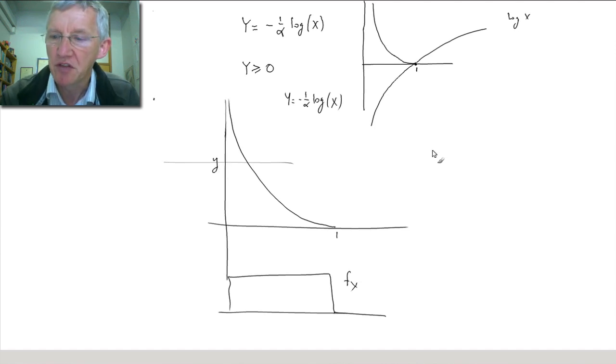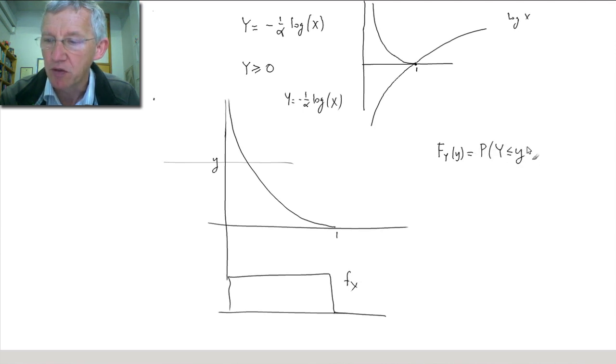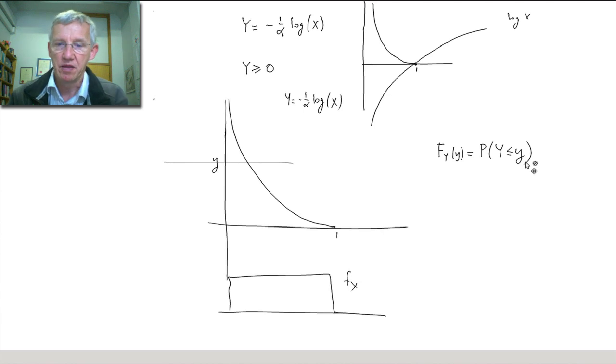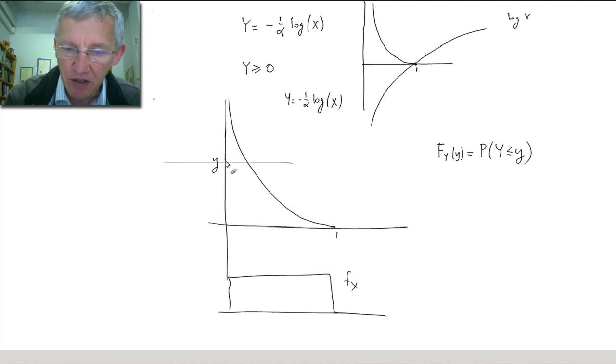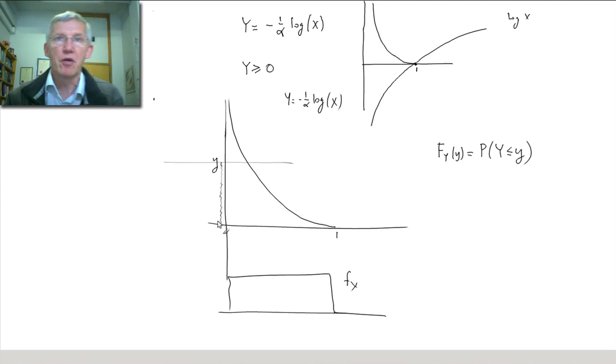If we're interested in the distribution for y, we can use the distribution function method, which says let's try to find the distribution function for y. Well, that's just the probability that the random variable y is less than or equal to y. So what is the probability that y is at that value or somewhere below?